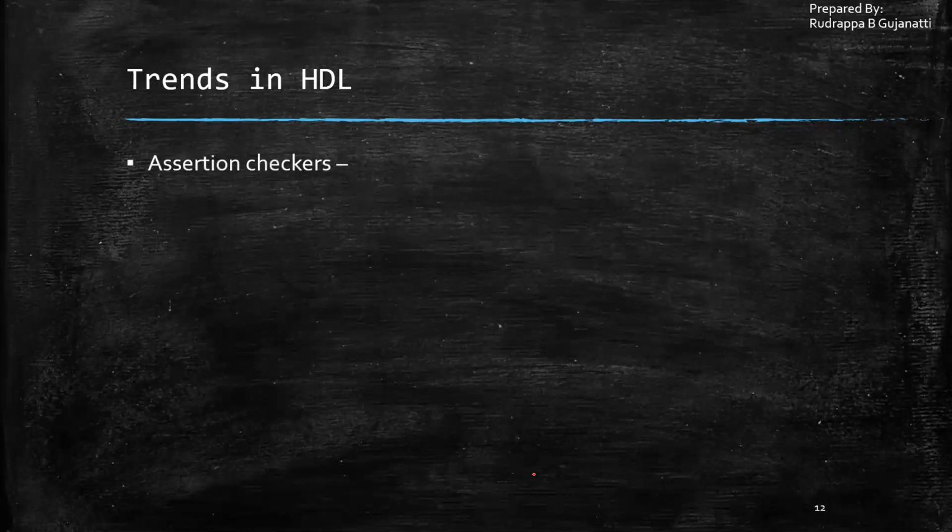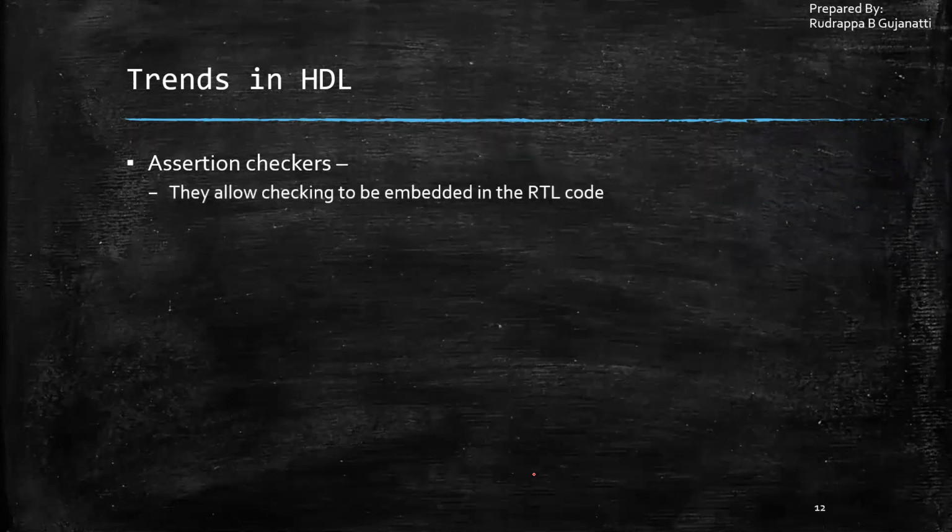Then apart from this, we have some high-end terms which we will be going through when we make use of, say, Cadence tools and other stuff. So at present, just try to understand what these things are. One term which comes up is assertion checkers. Assertion checkers are nothing but they try to embed the checking or verification process in the RTL code itself.